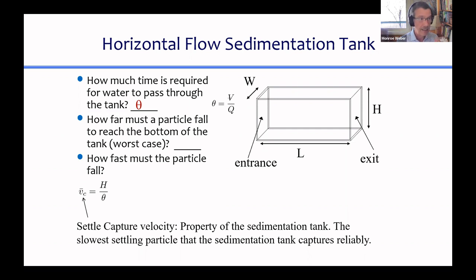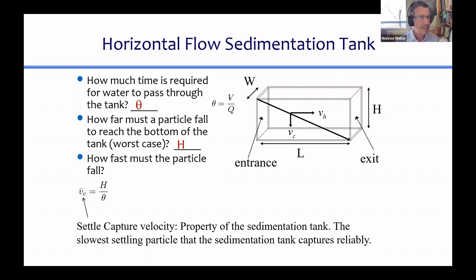How far must a particle fall to reach the bottom of the tank? And to do this, you consider the worst case scenario. Which particle entering this tank has the furthest to drop to get all the way to the bottom? Well, it's the particle that starts at the very top, and it's got to find its way all the way to the bottom before it gets to the other end of the tank.